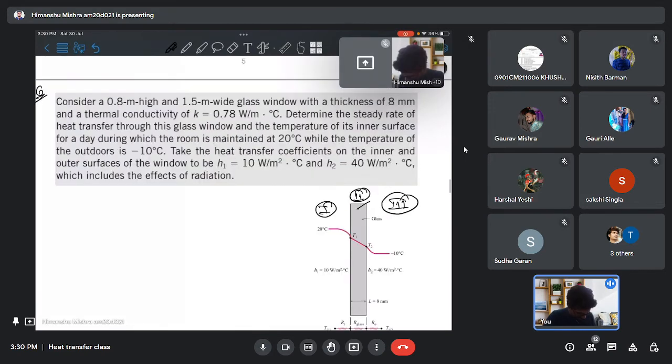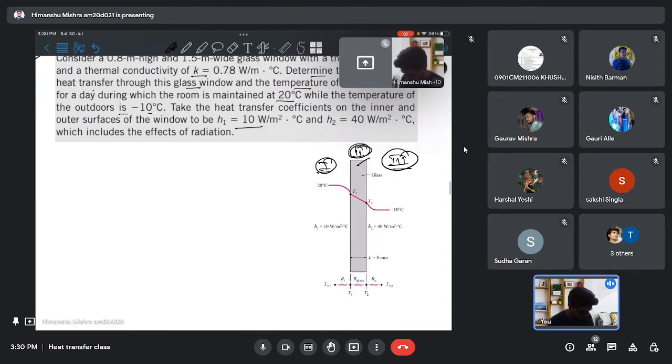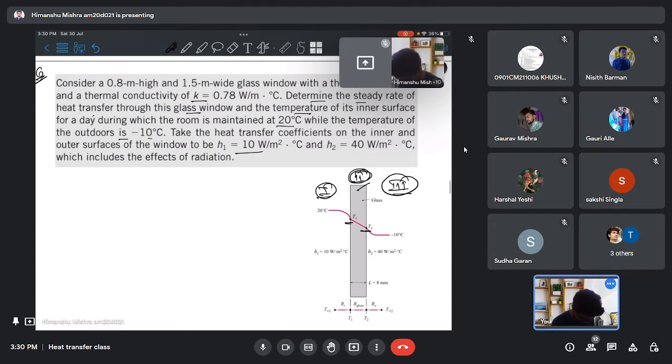We have to determine the steady rate of heat transfer through this glass window and the temperature of its inner surface for a day during which the room is maintained at 20 degrees Celsius, while the temperature outdoors is minus 10 degrees Celsius. We have been given the heat transfer coefficient at region 1 and region 3, and the thermal conductivity that can be used at region 2. So we need to find these temperatures T1 and T2 here.